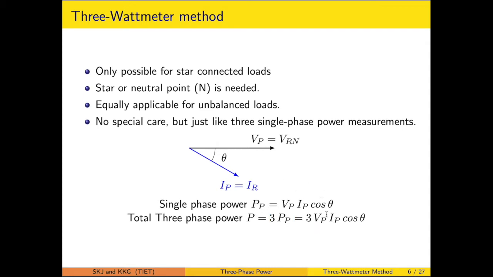Here we have considered the balanced arrangement. However, this particular can easily be extended for the unbalanced arrangement. In that case you will have the expression Vrn Ir into cosine of theta 1 plus Vyn Iy into cosine of theta 2 plus Vbn Ib into cosine of theta b.